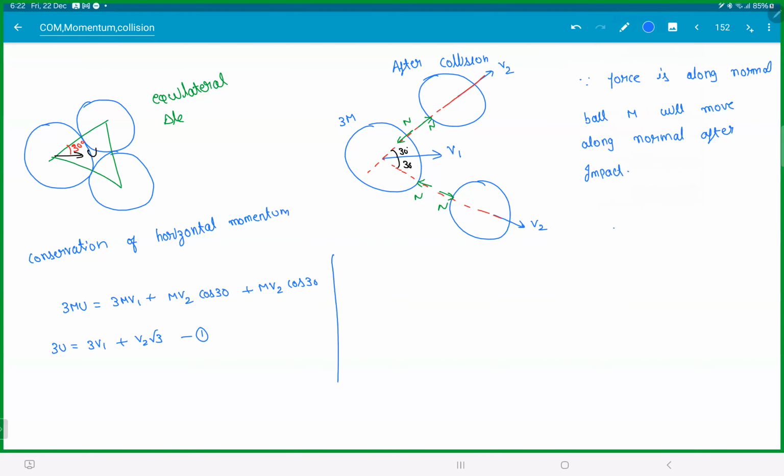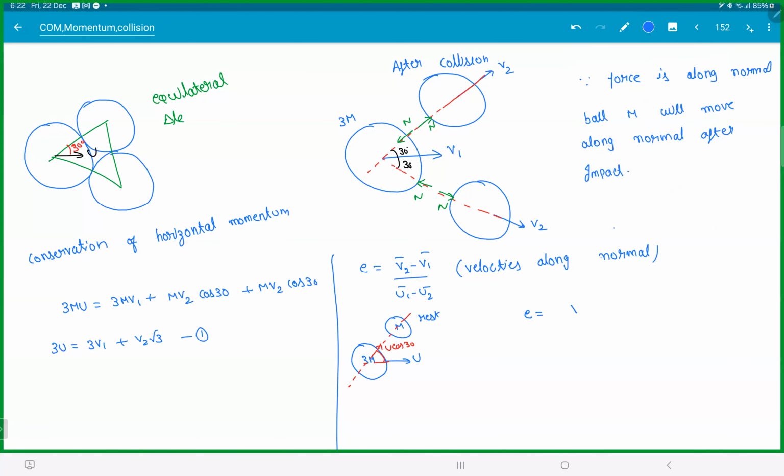This is equation 1. Now, when you write the coefficient of restitution, E is equal to (v2 minus v1) divided by (u1 minus u2). These are velocities along the normal, not full velocities. Just choose any two balls here. I will choose 3m and m. 3m is going with u, and initially m is at rest. This was the normal you had to take, so this component is u cos 30.